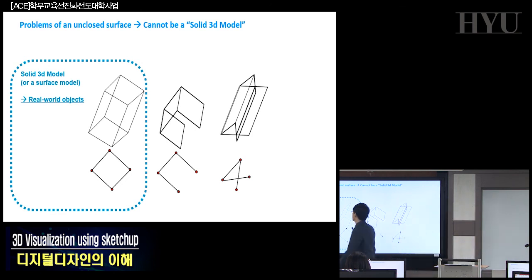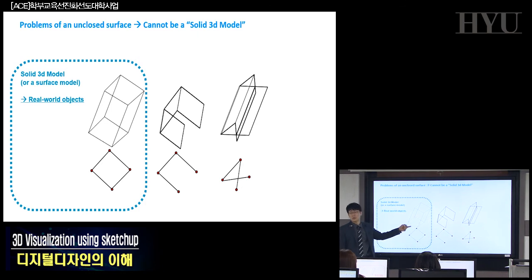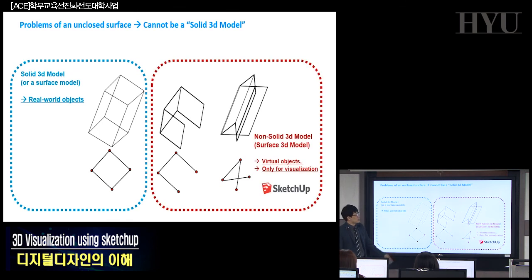Or even this one can be a surface model. Using SketchUp, you can make this one without any problem. But anyway, it looks valid, no ambiguity, because it's going to be representing certain type of real-world object. But that one, it's non-solid 3D model, so-called surface-based 3D model.